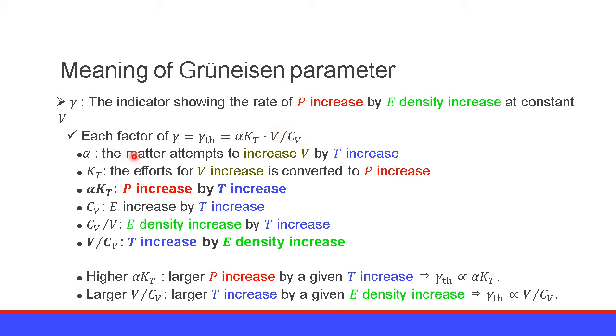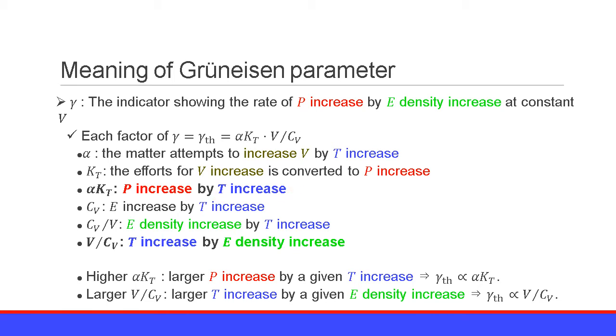Alpha is the matter's attempt to increase volume by temperature increase, and K_T, the isothermal bulk modulus, is how the efforts for the volume increase are converted to the pressure increase. Therefore, alpha K_T is the pressure increase by temperature increase, or the rate of the pressure increase to the temperature increase.